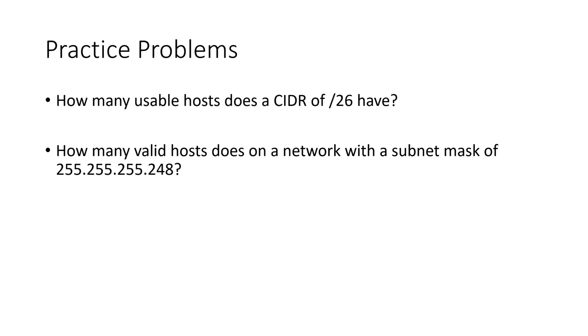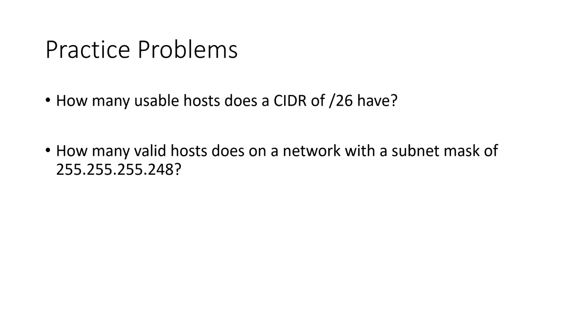So how many numbers does that get you? Well, if you write it all out on a piece of paper, what's the largest number that you can make with 3 bits of binary? It's 111. And what's that in decimal? It's 7. So you have the numbers 0 through 7 that you can use to hand out to devices.